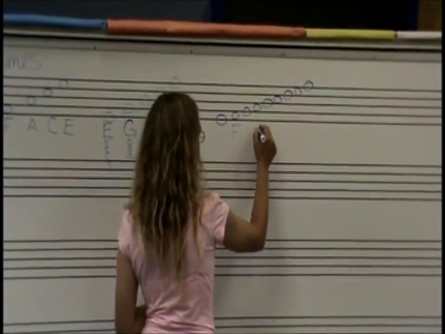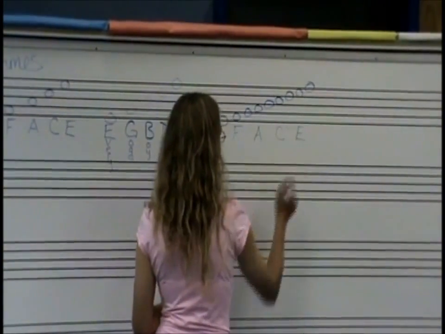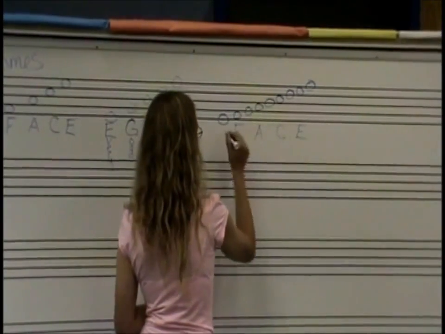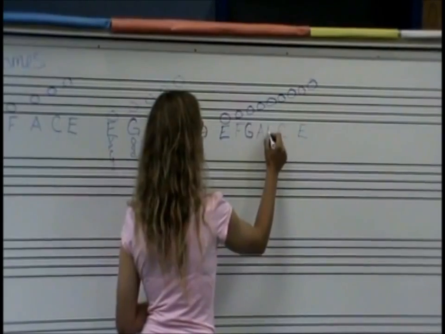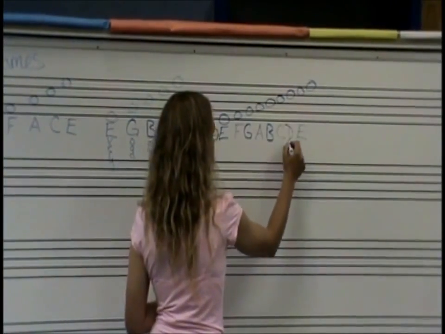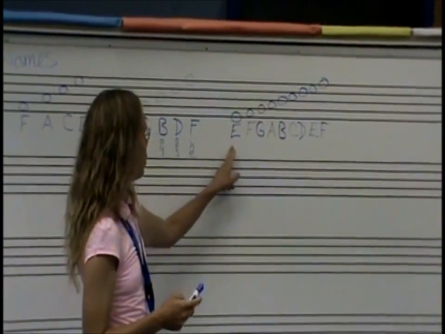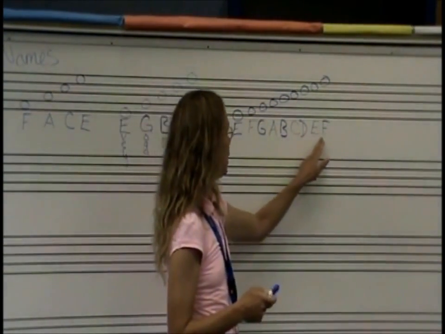Going up we have the A note, C, and E. If we go back and we put in the line notes, we have every good boy does fine. Now we look at the pattern. We have E, F, G, A, B, C, D, E, F.